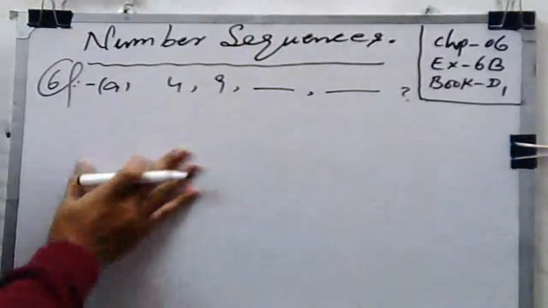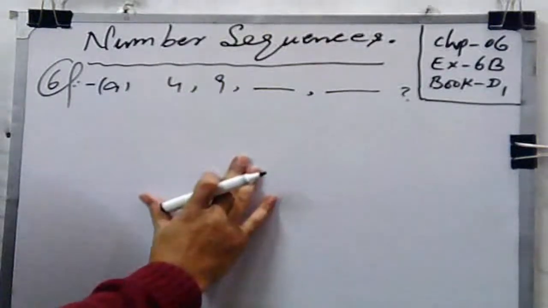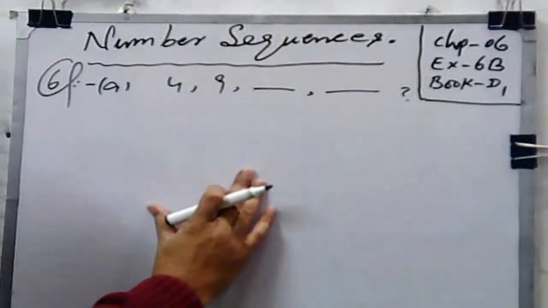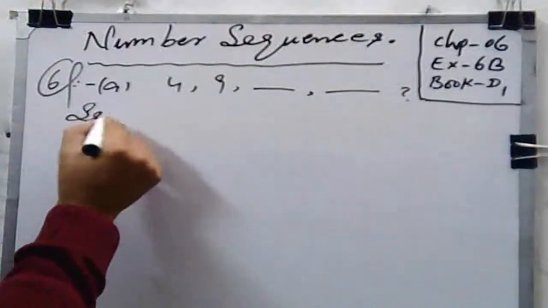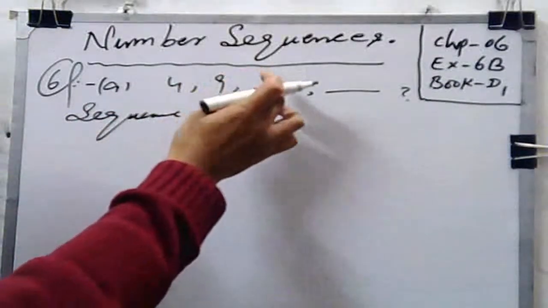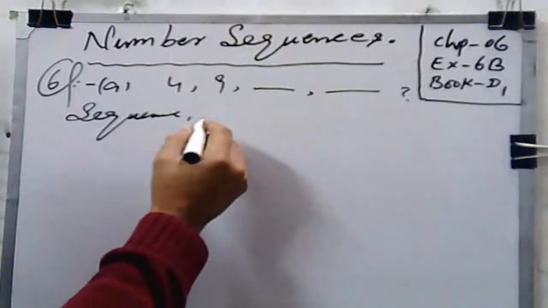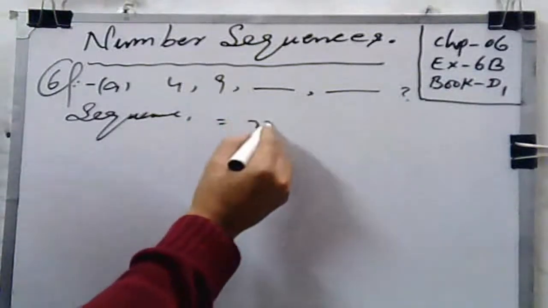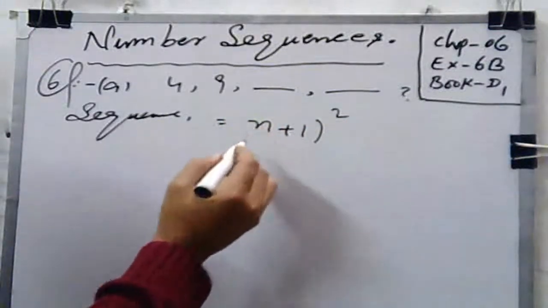So if we see the diagram, it is clear that the sequence is just like 4, then 9, then what should be here? The sequence will be n plus 1, the whole squared.